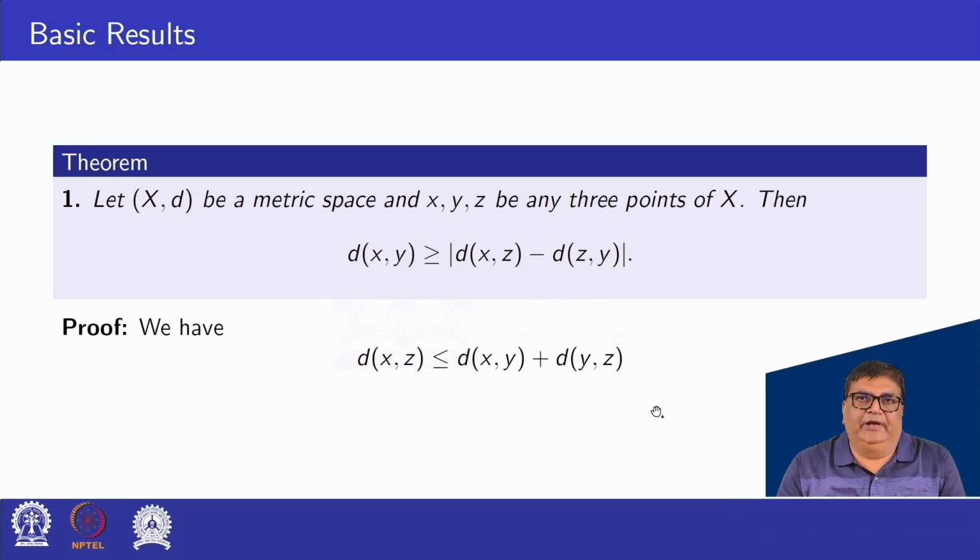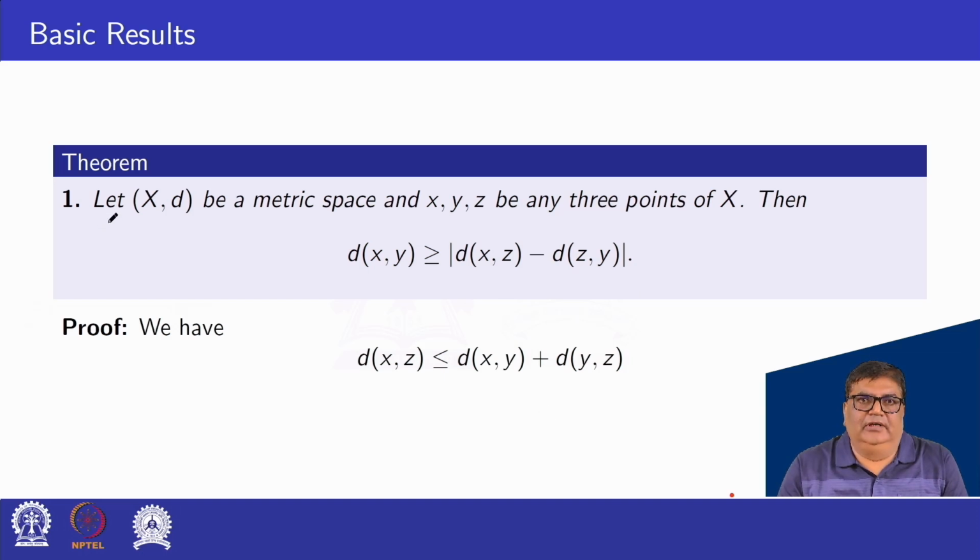Let X be a metric space and the points x, y, z be any 3 points in X, then d(x,y) is greater than or equal to the absolute value of d(x,z) minus d(z,y).